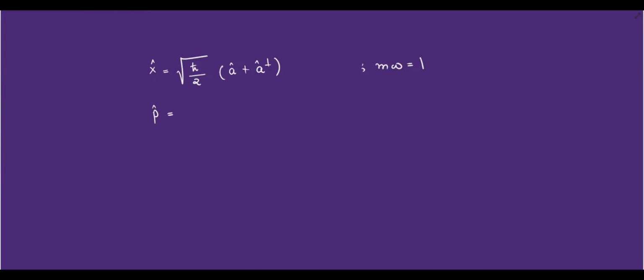And p cap, in terms of the creation and annihilation operators, can be given as this. Where, as we saw earlier, the commutation of a cap and a cap dagger is 1, we can derive using this commutation relation that the commutator of x cap and p cap is equal to i h bar. This is the famous uncertainty principle. I'll not derive it.